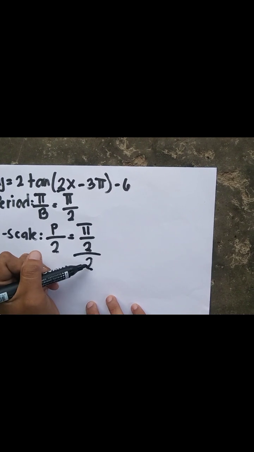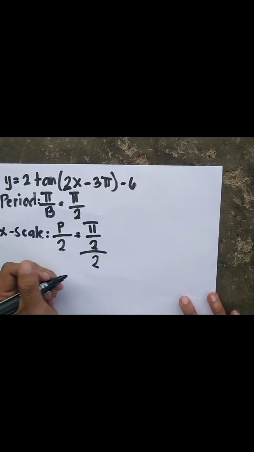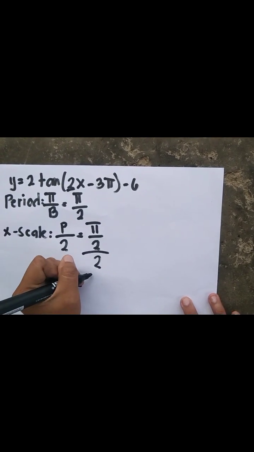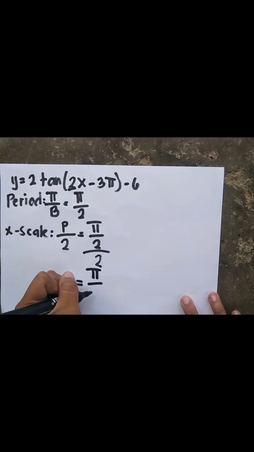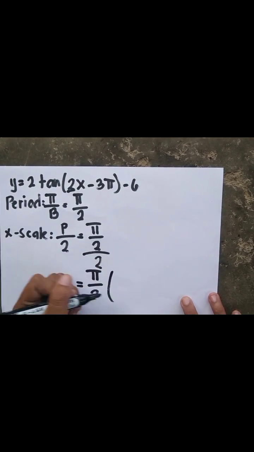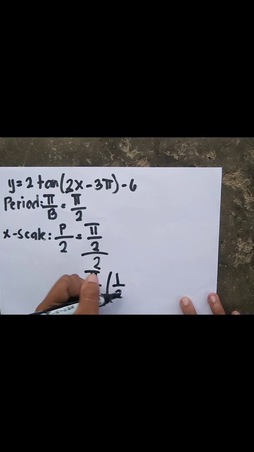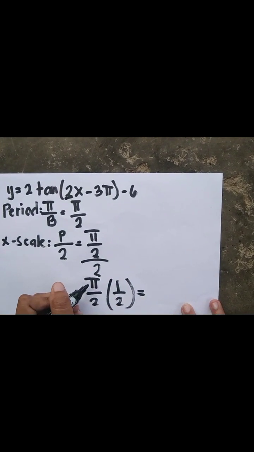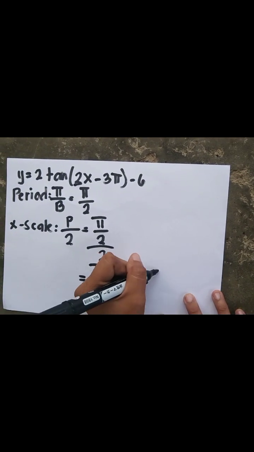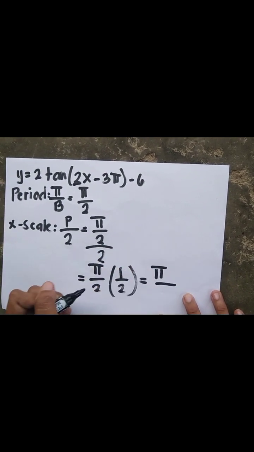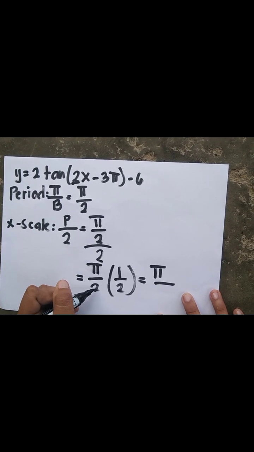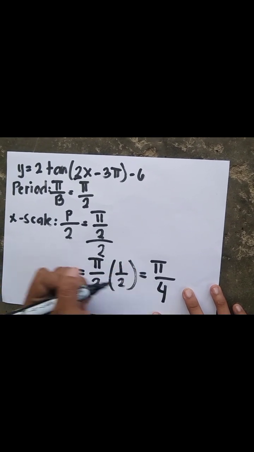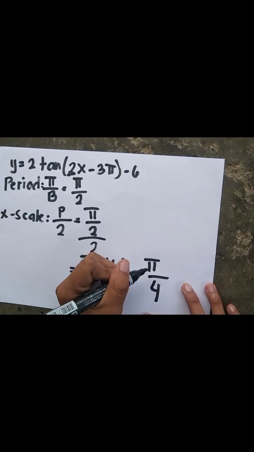Then reciprocal 2 into 1/2, so it would be pi over 2 times 1/2 equals pi times 1 over 2 times 2 equals 4. So this is our x scale, pi over 4.